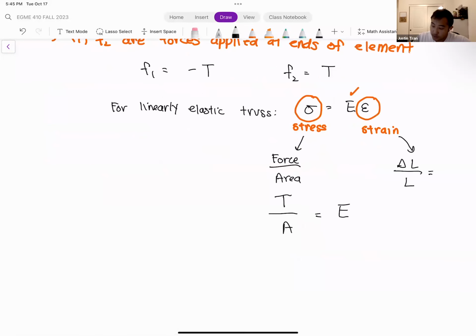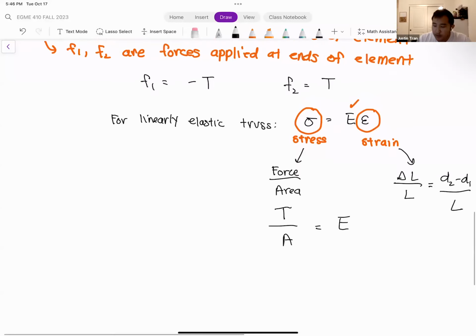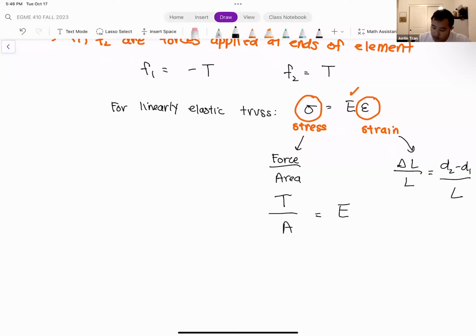The difference will be d2 minus d1, because if node 2 is being displaced to the right by amount d2, and node 1 is being displaced to the left by amount d1, the difference in those deformations is the change in length of the entire element. And then of course we have the length L, which is another property that we already know about the truss element, so we can just leave it there.